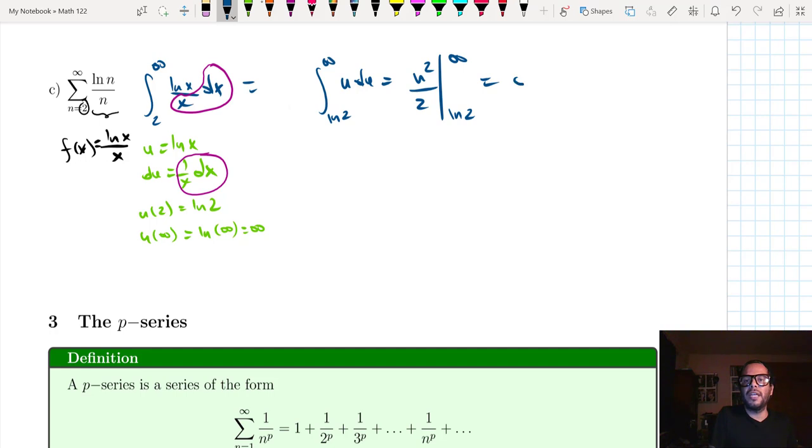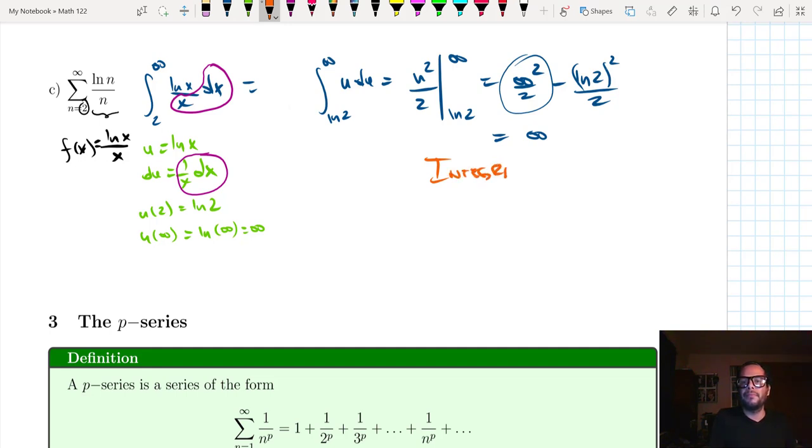So we're going to have infinity squared over 2 minus the quantity ln of 2 squared divided by 2. This is going to be infinity, which means the integral diverges, which means the series also diverges.